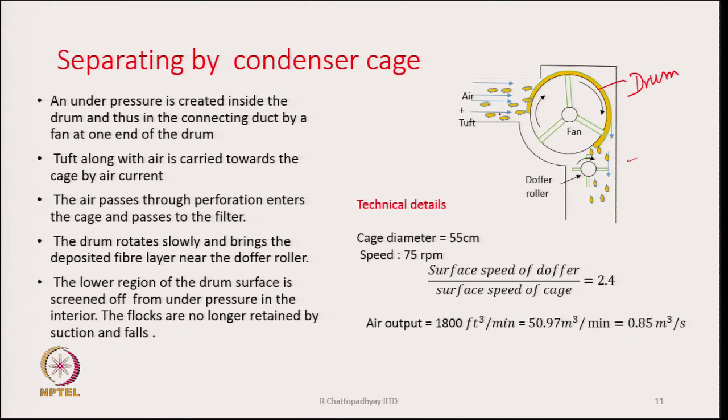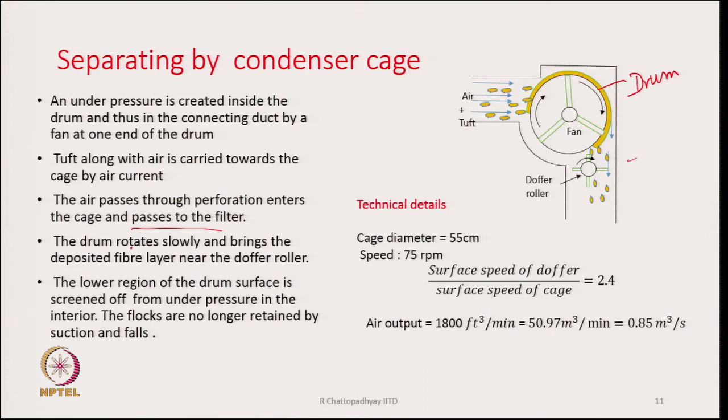The air will pass through the perforations, and finally, this air will be escaping this drum, and it will maybe go to the filter house, where we will be filtering this air, because the air will also contain a lot of dust. So, it cannot be just released to the outside atmosphere. We need to filter this air.